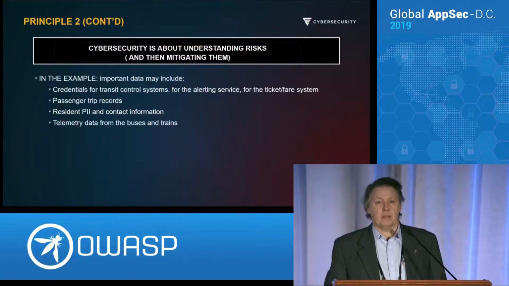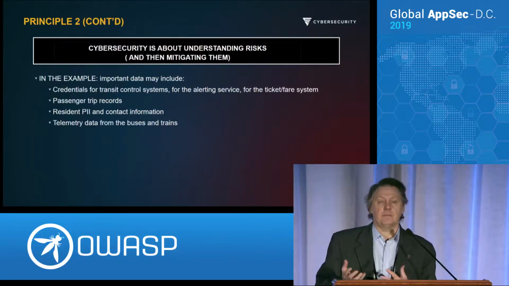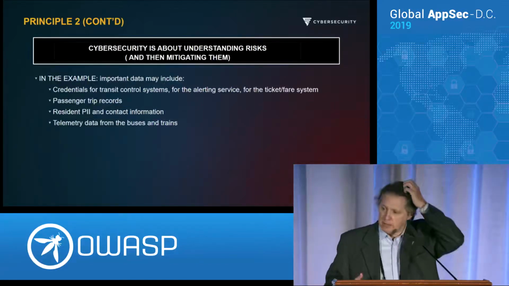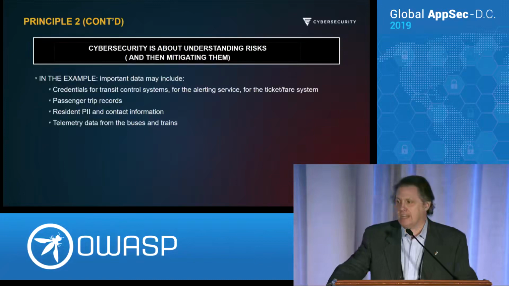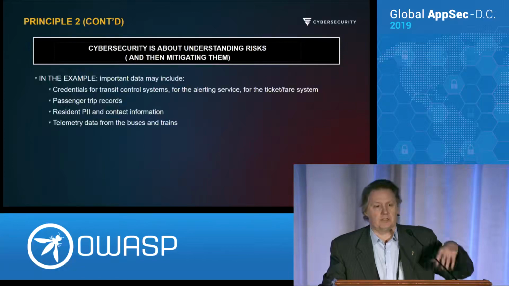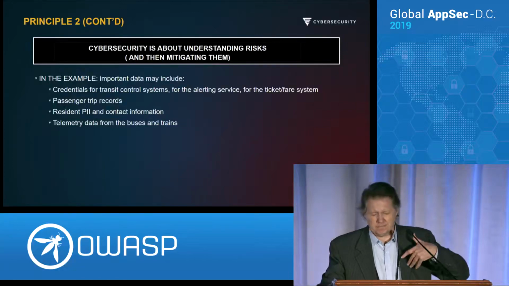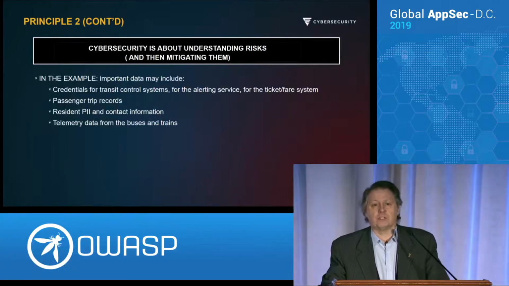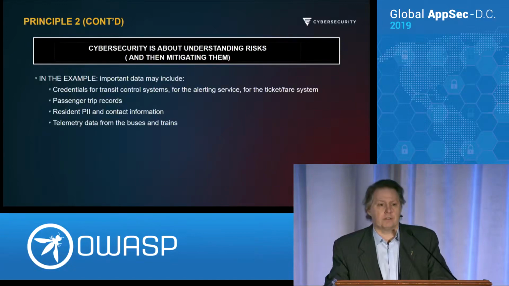So let's think about the example for a minute, the smart city system. What's the crown jewel data there? The credentials for the traffic control system, the thing that lets you adjust the transit schedules and the parking meters and all those.